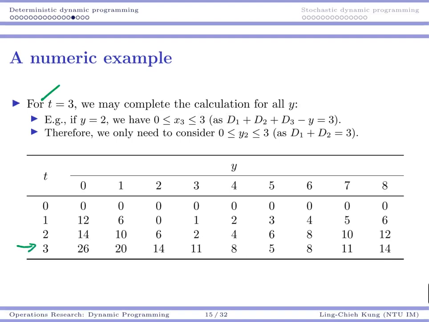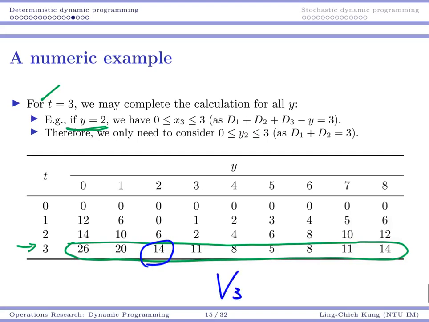If t is 3, initially all the numbers in the green circle are blank or question marks. I know nothing. But for example, if y is 2, then I want to calculate v3 of y, where y is 2 here. Then I'm going to see I probably need to consider producing nothing or up to 3 units.